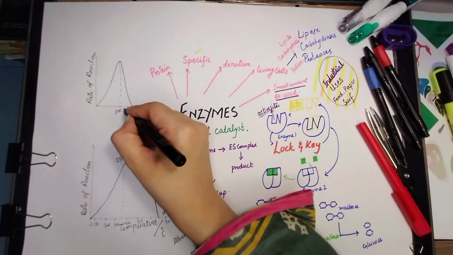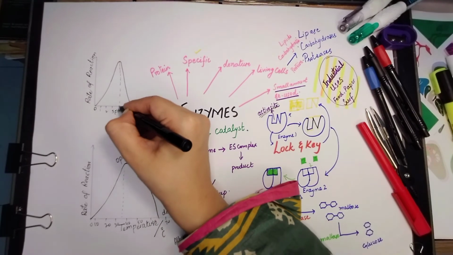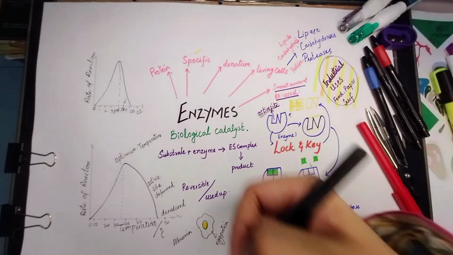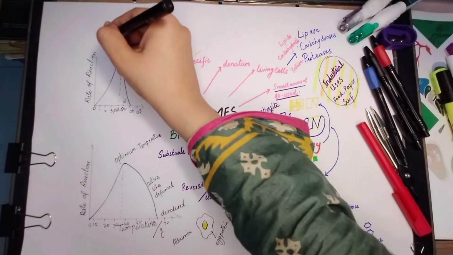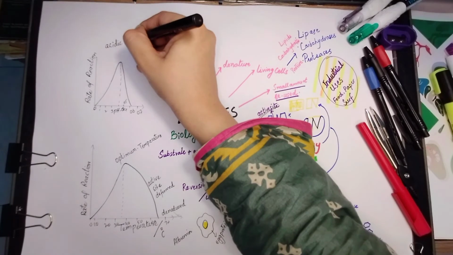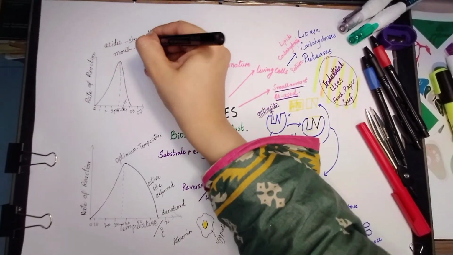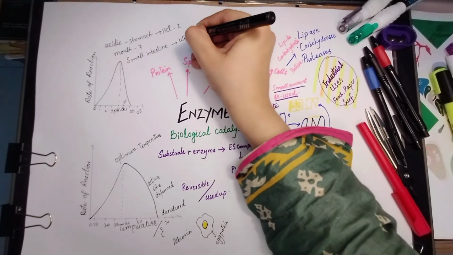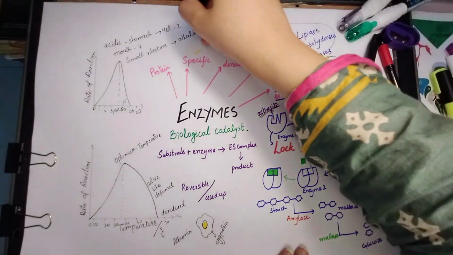Now, if we talk about the pH, the pH is again a very important factor that controls the rate of action of enzymes. In our human body, the pH of different organs is not the same. For example, the pH of the stomach is 2, which is highly acidic because of the HCl present in it, whereas the pH of our mouth is neutral, and the pH of our small intestine is alkaline.